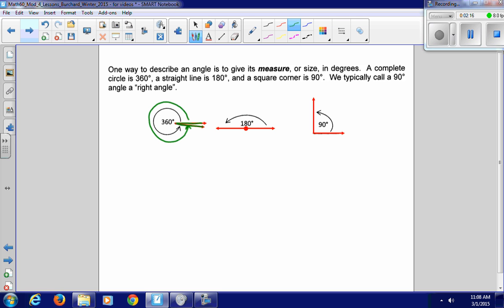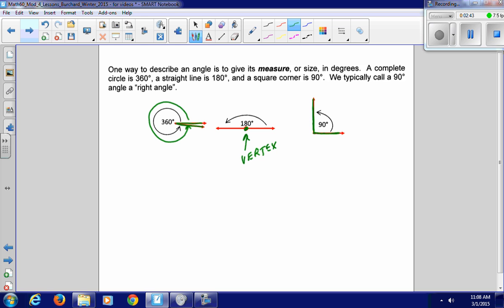So an angle that's all the way opened up is 360 degrees. This one doesn't look much like an angle, but this is the vertex right here. And if we take an angle and open it all the way up, it'll be 180 degrees. This is one you're probably familiar with. It shows up a lot in the world.